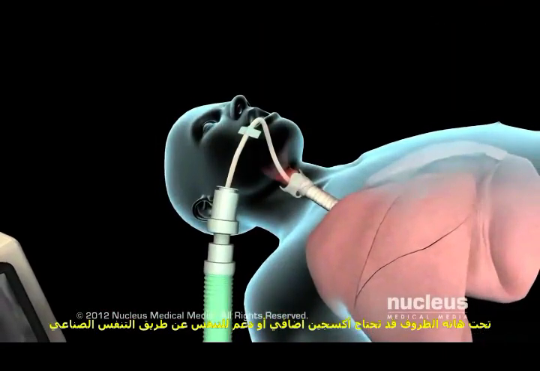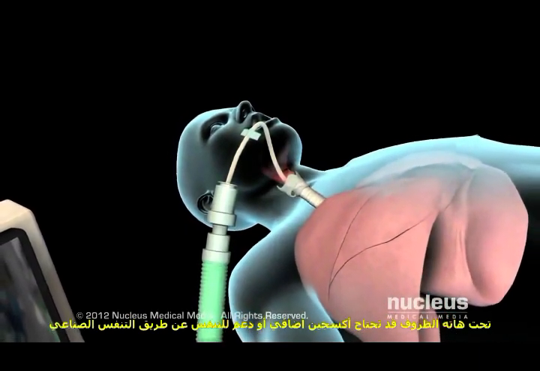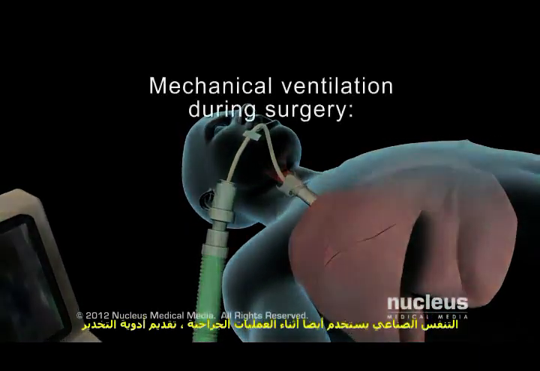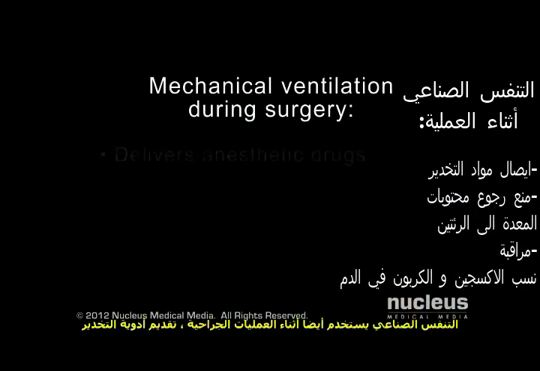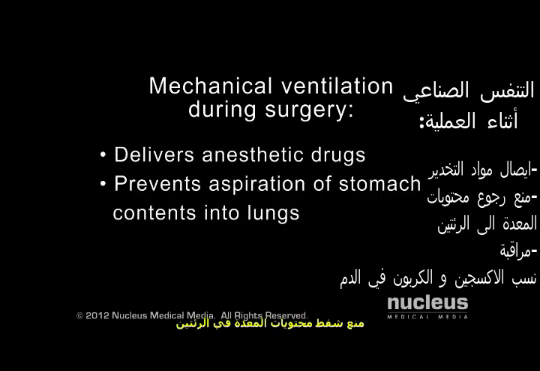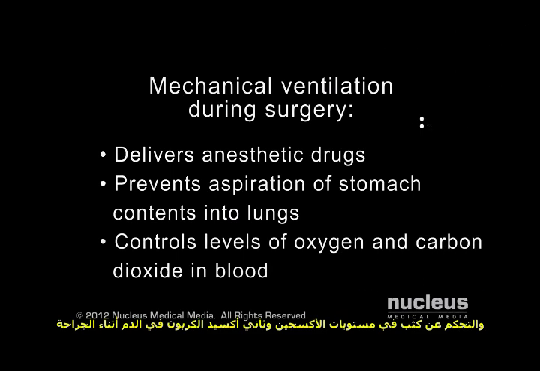Under these circumstances, you may need additional oxygen or breathing support through mechanical ventilation. Mechanical ventilation is also used during surgical procedures, for delivering anesthetic drugs, preventing the aspiration of stomach contents into the lungs, and closely controlling the levels of oxygen and carbon dioxide in the blood during surgery.